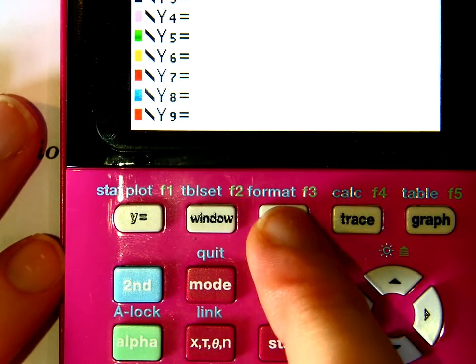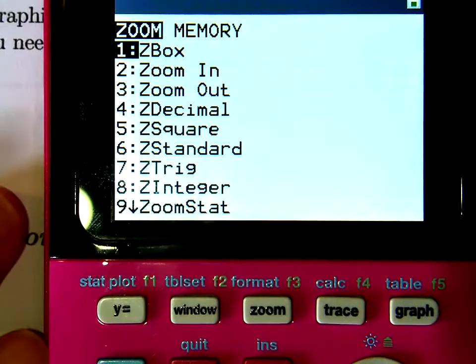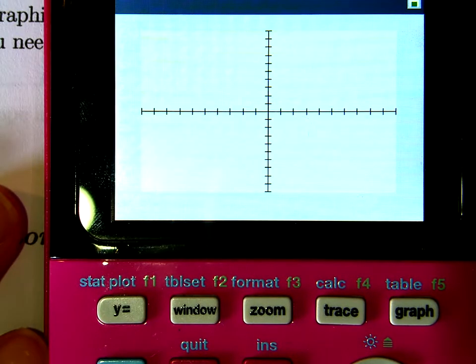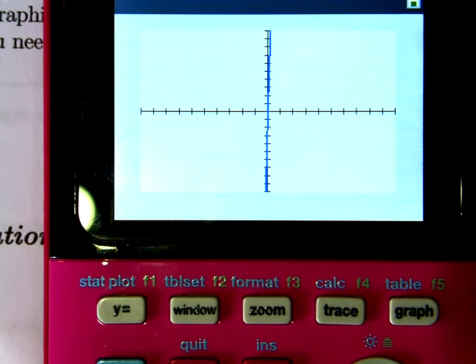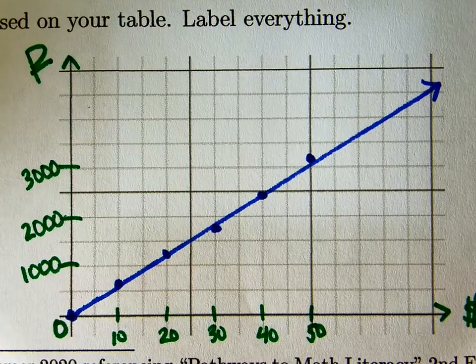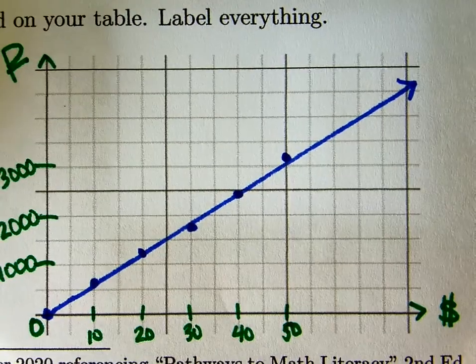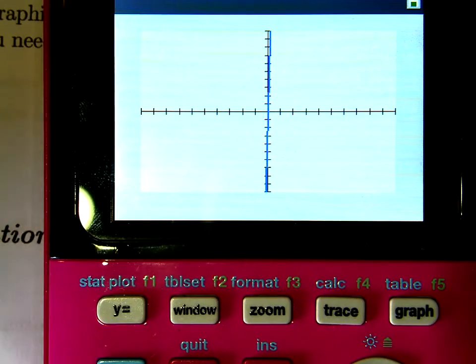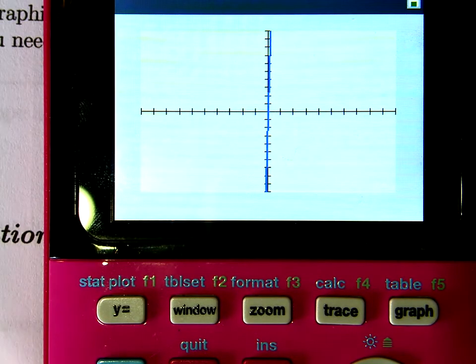And I'm going to go ahead. First, I'm going to start with a standard zoom. So I went zoom 6. Oi, that is tough to read. And that definitely doesn't look like our image, which looks like this. It's very clear, crystal clear actually. Great picture. Does not look like that.